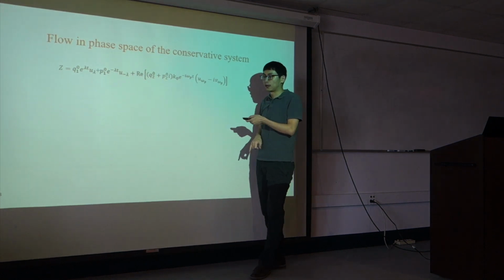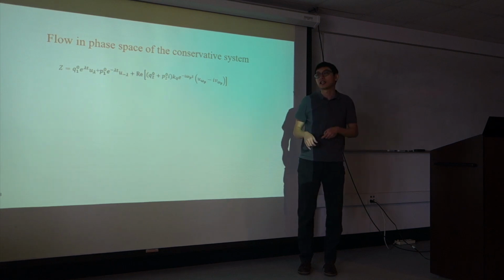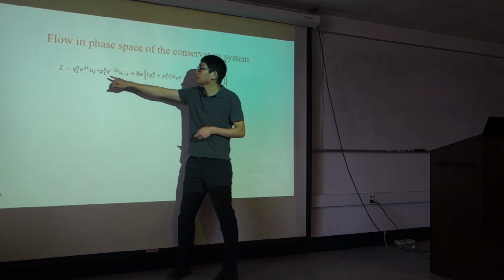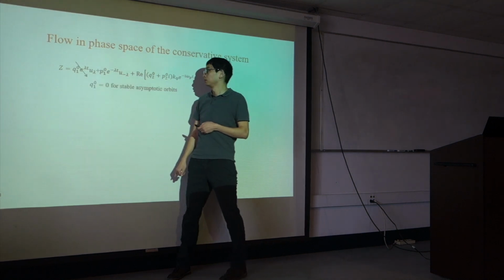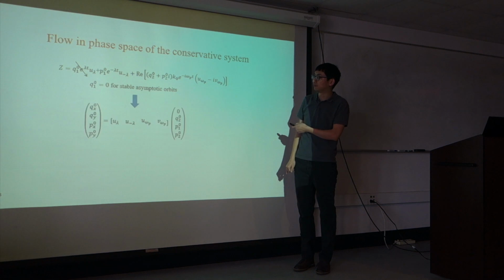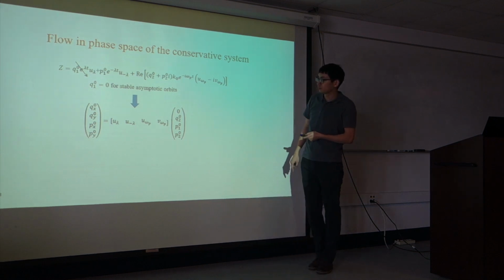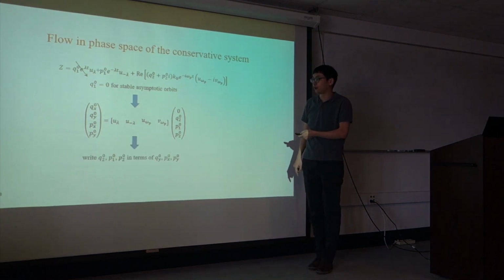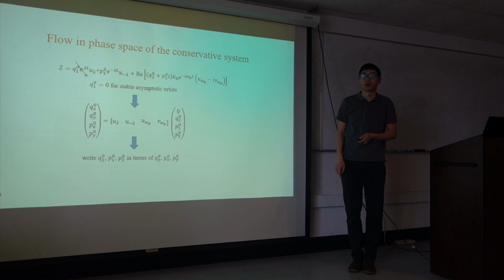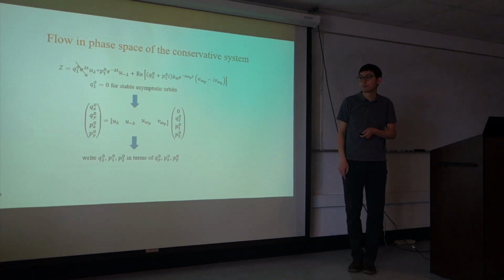Because we want to obtain the stable asymptotic orbit, we just need to set the unstable term to 0. So we can obtain the stable asymptotic orbit. We have this form, where I just set Q10 as 0. Finally, I can obtain Q20, P10, and P20 in terms of QY0, PX0, and PY0.